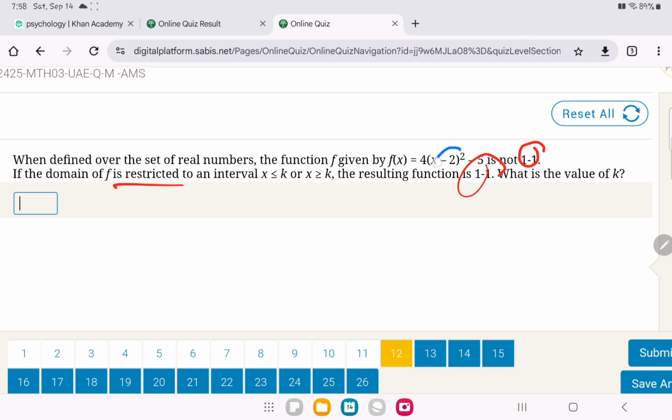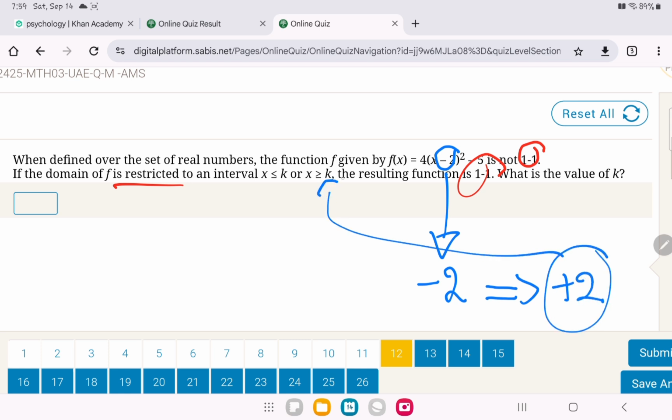You take the number in here and you take the opposite. So the number that is next to the x or behind the x, in this case, in the parentheses, you take it out and you take the opposite of it. So here it's minus 2 and the opposite of it is plus 2. So now this is the value of k. So our k is now plus 2.